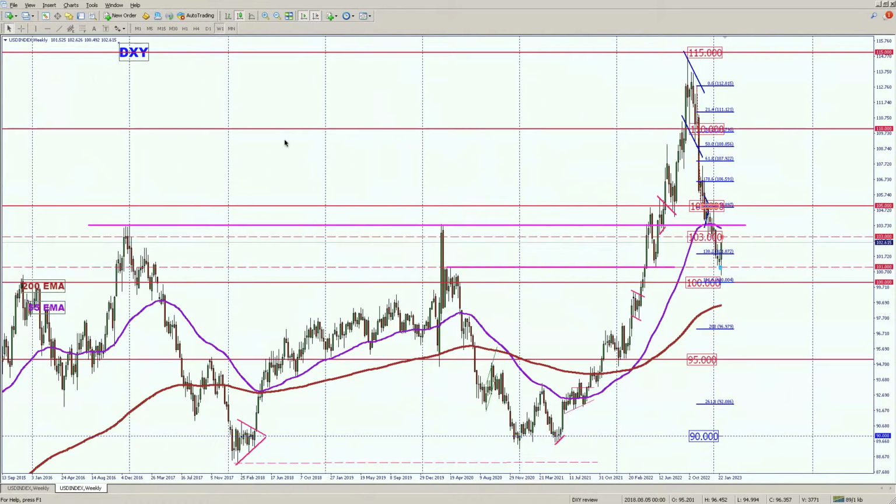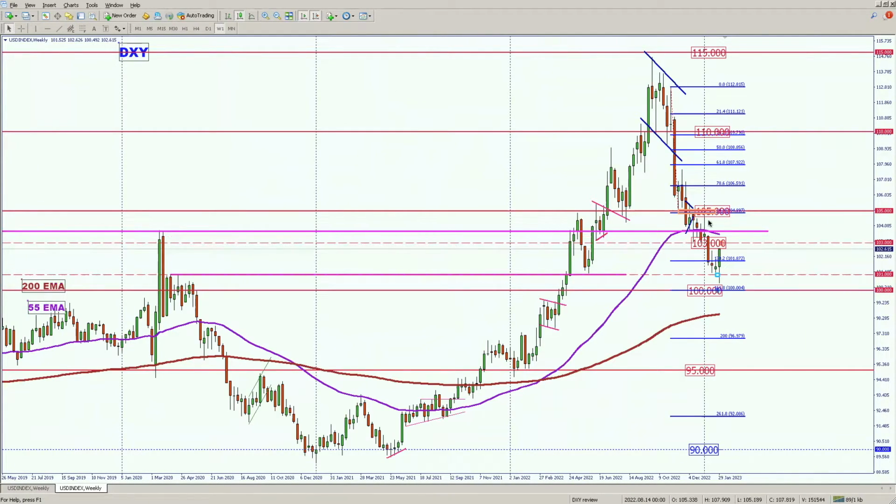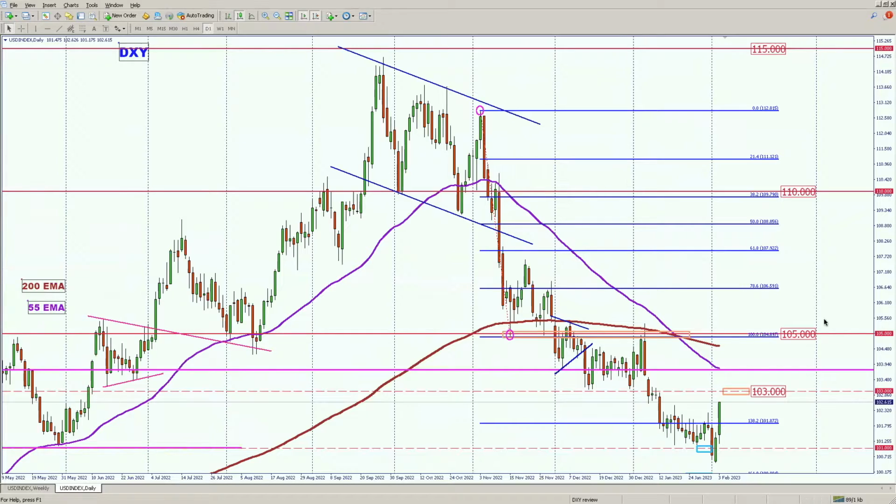Let's go to the weekly, and it was a swing high with this double test here. So let's see if it can reach that level and climb through it. That's just above the weekly 55 and on the daily 55. So that's a critical level here. That's at 103.74.